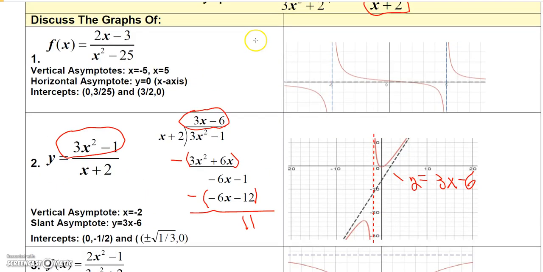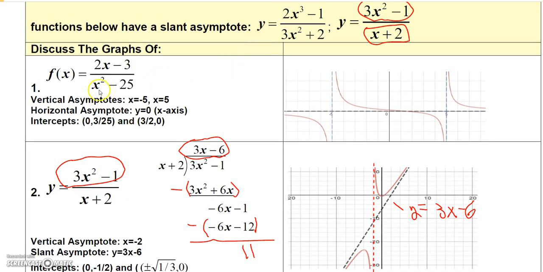All right. Now, going back to this one, this is one we looked at earlier. We already know the vertical asymptotes are x equals -5 and x equals 5. And we already know the horizontal asymptote is just the x-axis, or the line y equals 0. And we learned earlier that it crosses the y-axis just slightly above the x-axis.